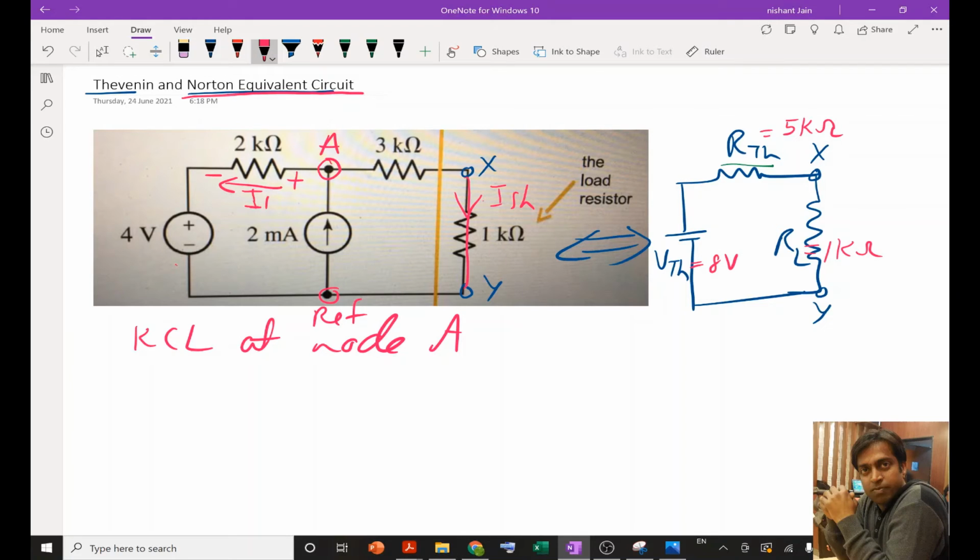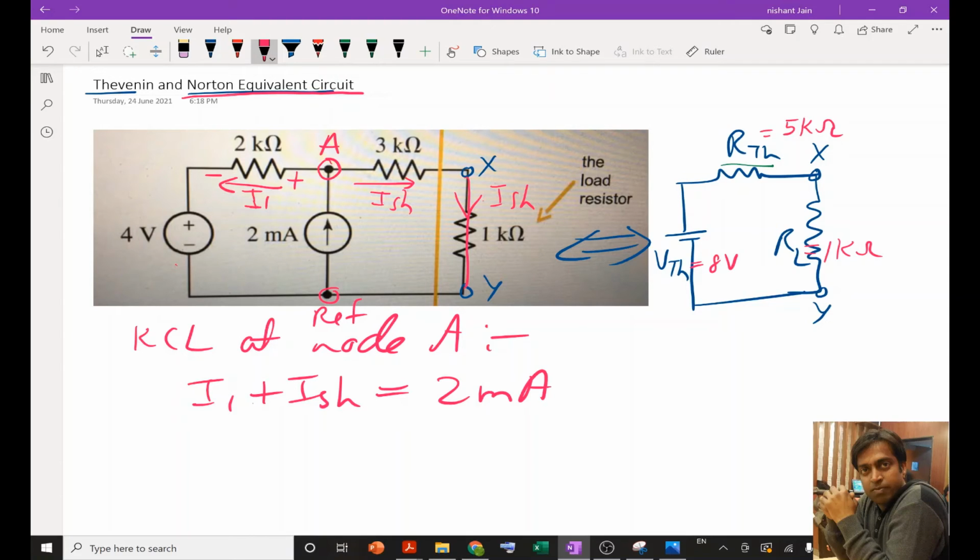Similarly, let me assume this current, which is ISH, flowing from node A to the reference node. So if I apply KCL at node A, I will write I1 plus ISH is equal to 2 milliampere, because I1 and ISH are the currents flowing away from node A, and 2 milliampere is the current flowing towards node A.